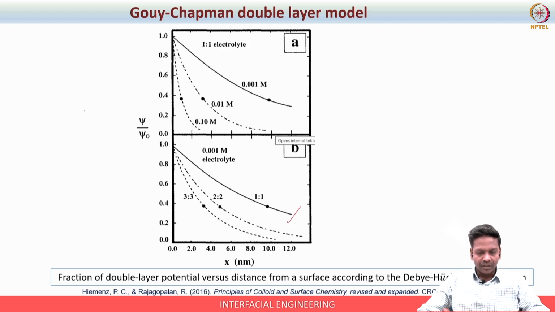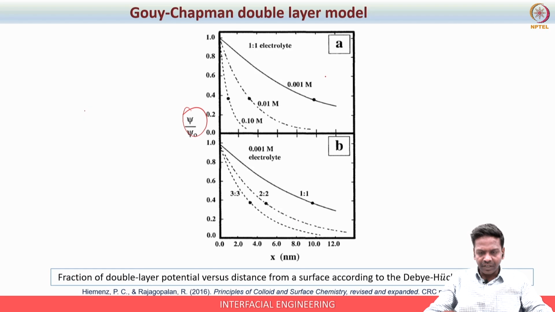Here you can look at figure A and figure B. In figure A, we have a symmetrical electrolyte, let's say 1:1, as a function of the concentration of the electrolyte.